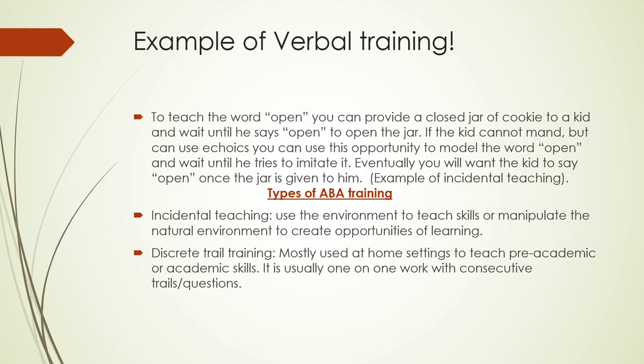Okay, so this is verbal training. It's not really part of your task list specifically, but they do ask us to talk about skill acquisition, and it is part of skill acquisition, where you're teaching a child or even an older client skills which have to do with his verbal and communication abilities.